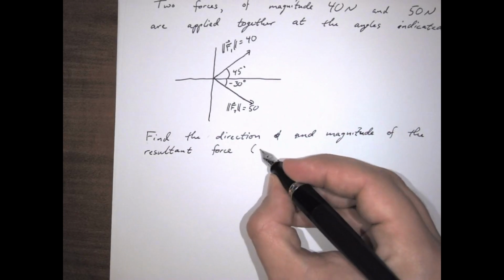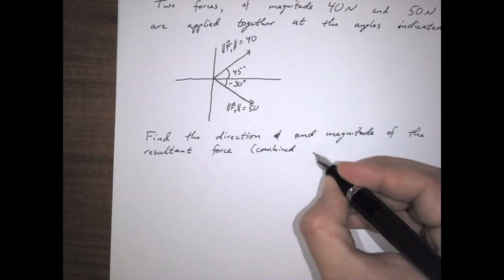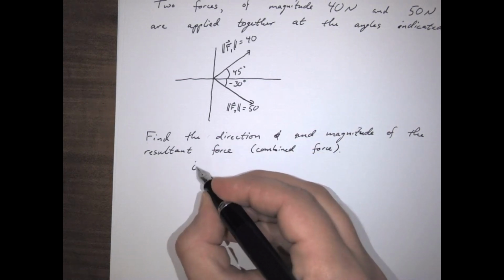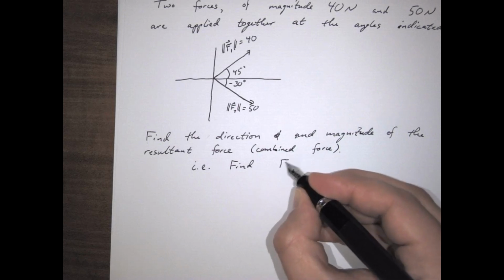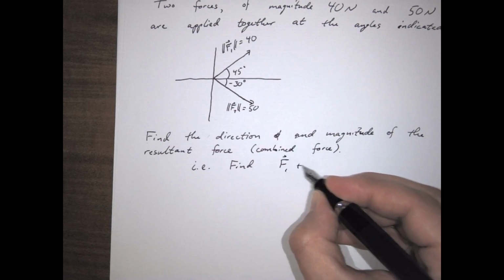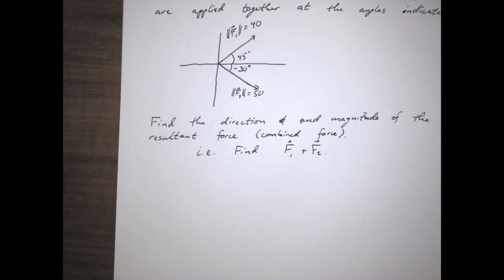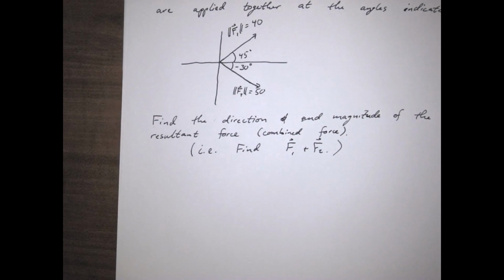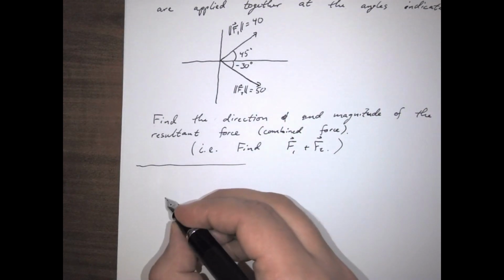And resultant force here means the combined force, i.e. find F1 plus F2. So that's what we really want to do. Okay, well, we'll just break it down into two pieces.